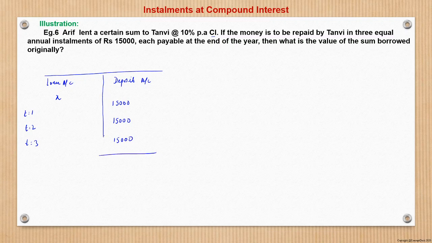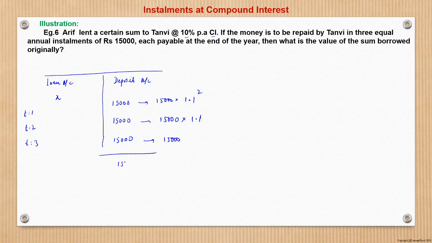We will look at the position at the end of the third year. So this will become 15,000 into 1. This will earn interest for 2 years. 1 point, rate of interest is 10%. So 1.1 square, right?